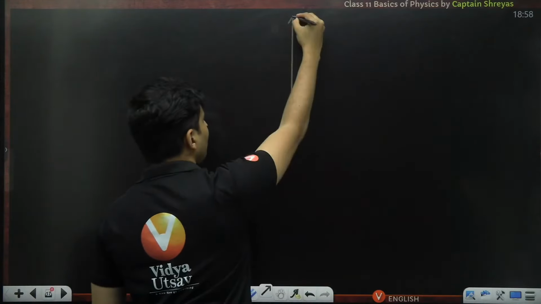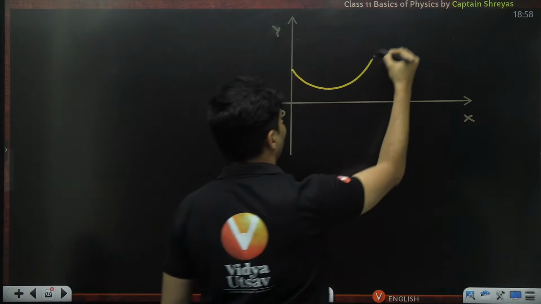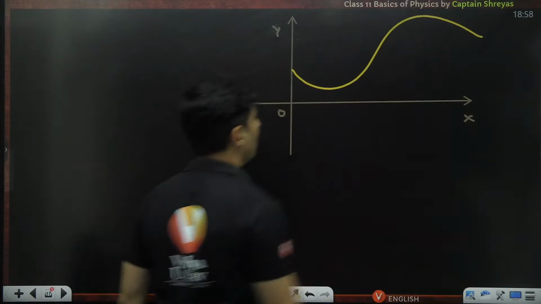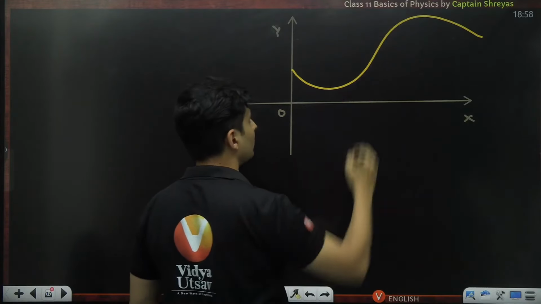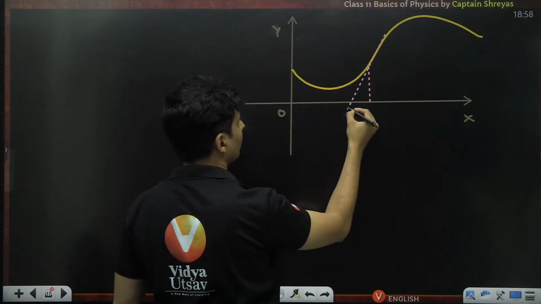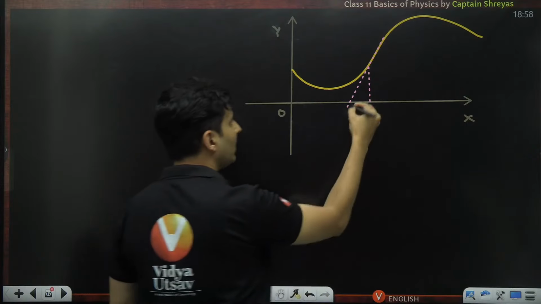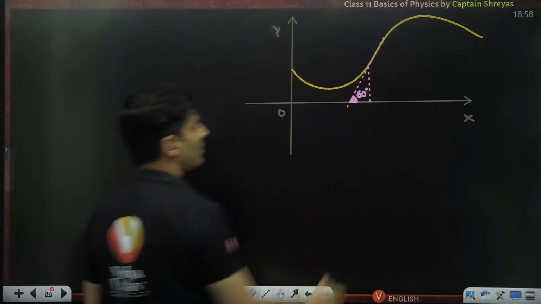Imagine I have this x and y axis again, and let's say some random curve I'm drawing. Some random curve, and let's say I choose a point somewhere over here. If I draw a tangent there, then that particular tangent is, for example, making 60 degrees with the horizontal axis.